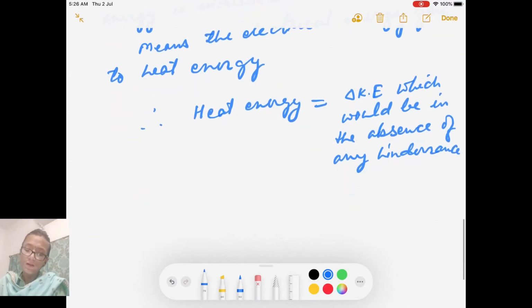Okay. Therefore, heat energy is equal to Q del V.